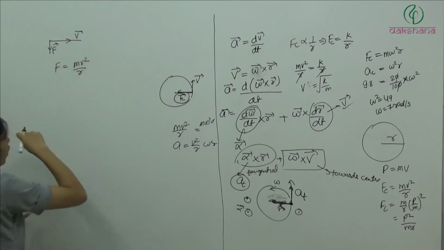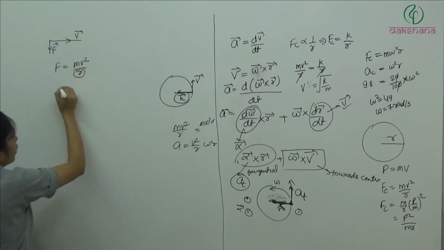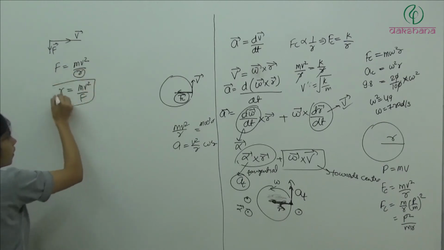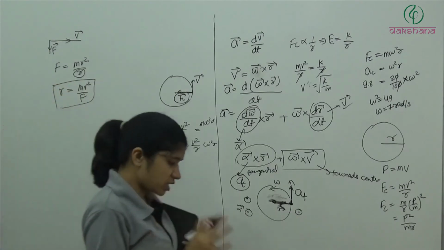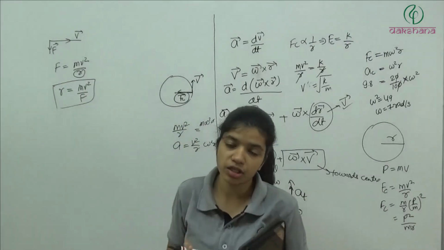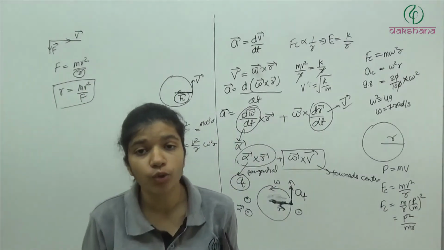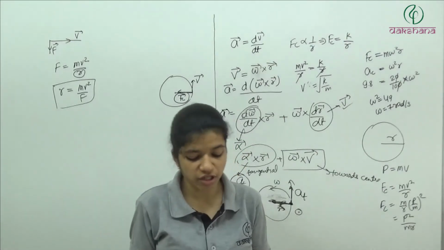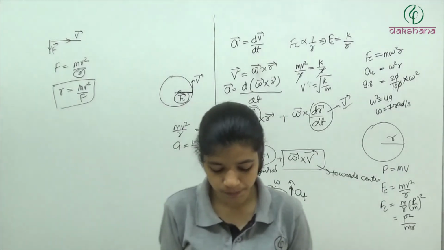We want to find r, so radius of curvature will be mv square by f, simply. So whenever you have to find the radius, simply see what force or what acceleration is there perpendicular to the velocity. So radius of curvature will be mv square by f.